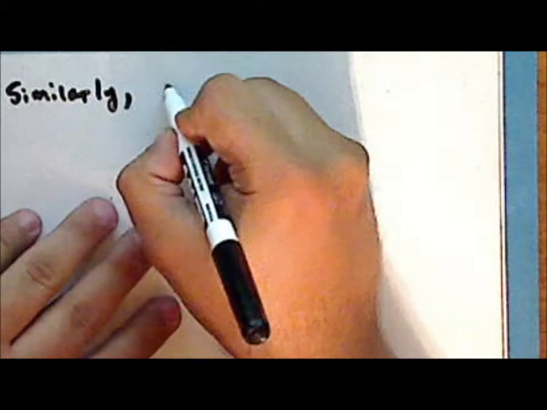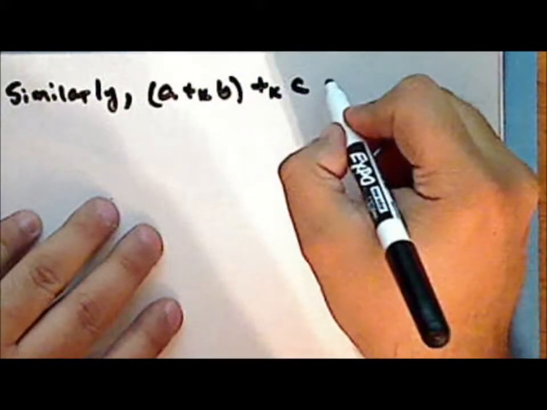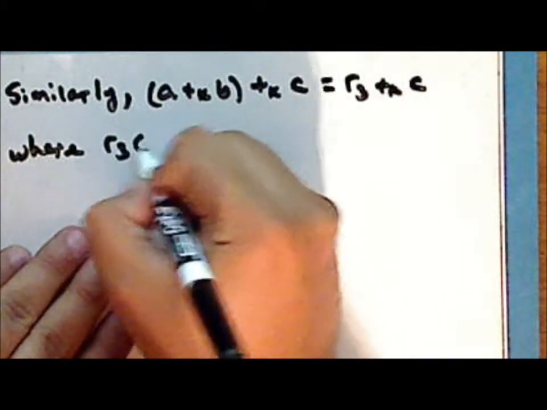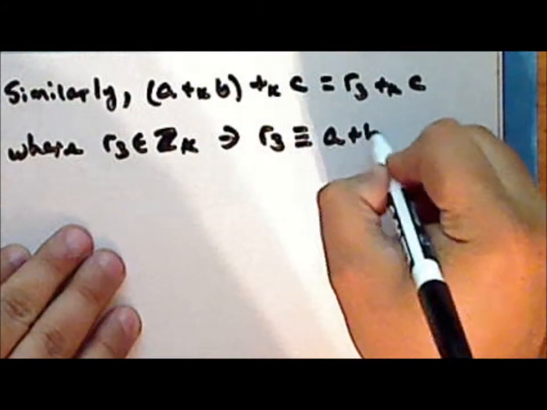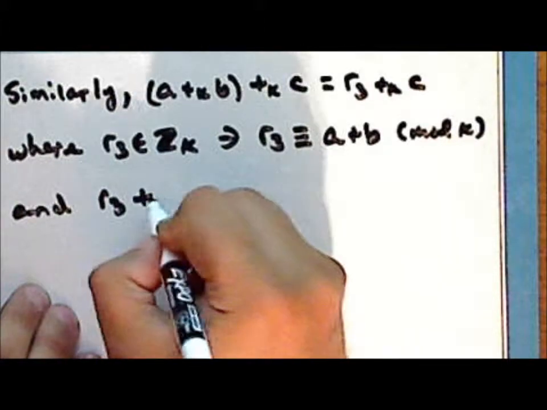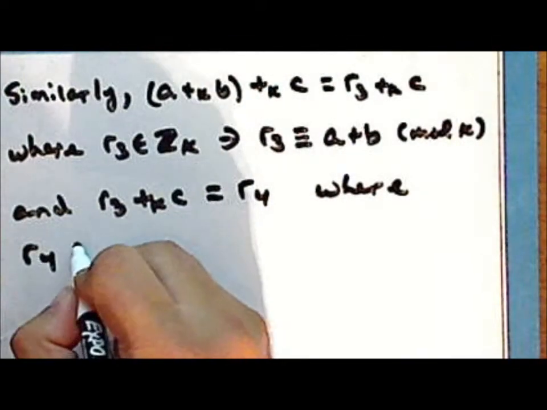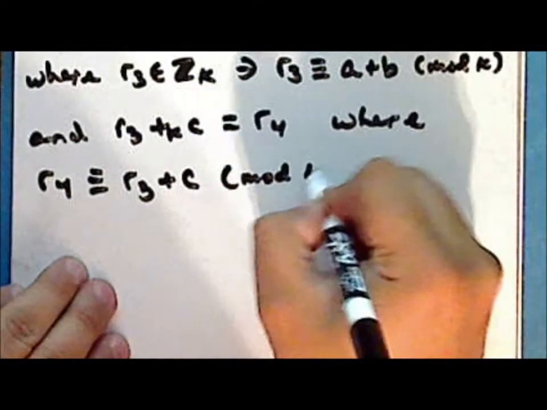Now similarly, the quantity a plus b modulo k plus c modulo k is equal to r sub 3 plus c modulo k, where r sub 3 is an element in the set of integers modulo k, such that r sub 3 is congruent to the normal sum of a and b modulo k, and r sub 3 plus c modulo k is the element r sub 4, where r sub 4 is congruent to the normal sum r sub 3 plus c modulo k.